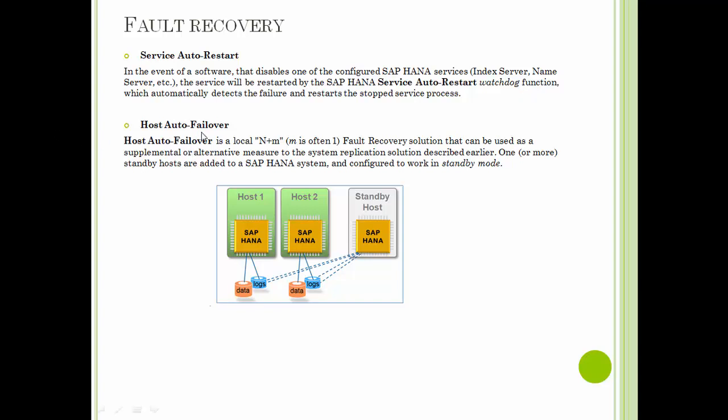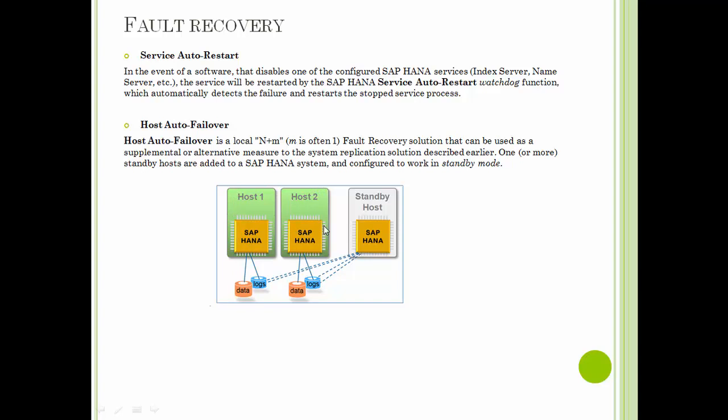the system. And coming to host auto failover, it uses a local n plus m approach, where m is often 1, so n plus 1, which is the fault recovery solution. It's an alternative measure where it uses a clustered database. Like, one is kept as a standby host, which talks to the persistent storage of both host 1 and host 2 here.